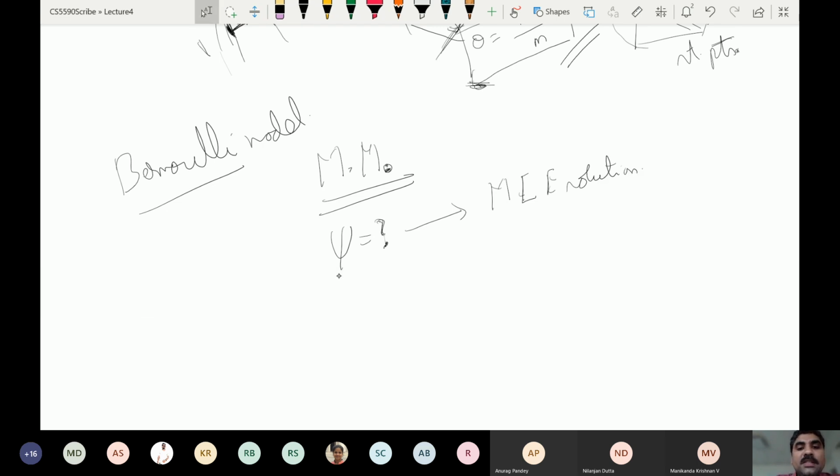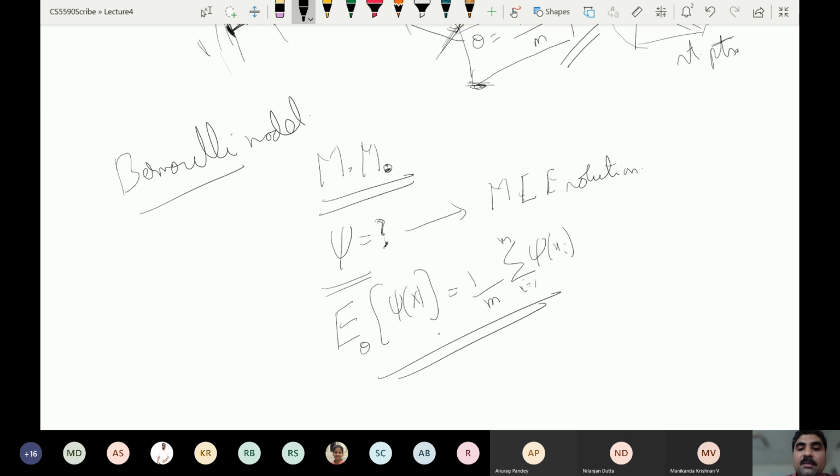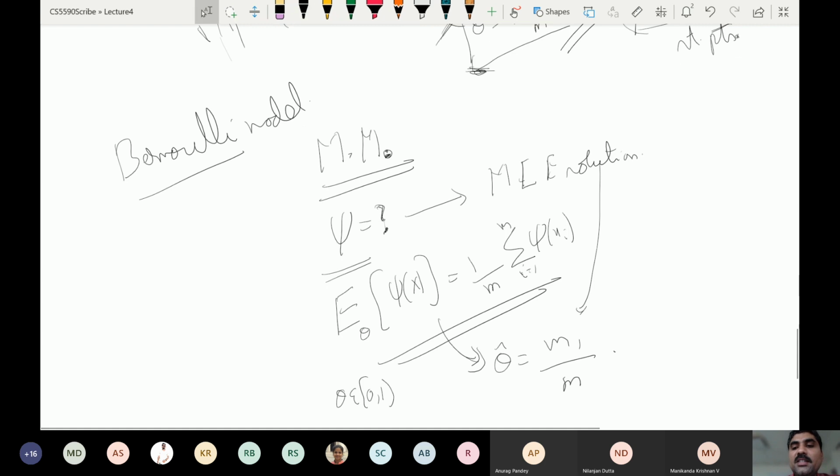Suppose I solve the problem: expectation of psi of x is equal to 1 by m sigma psi of xi, with valid values of theta between 0 and 1. The answer should be the same as the MLE solution, that means m1 by m.